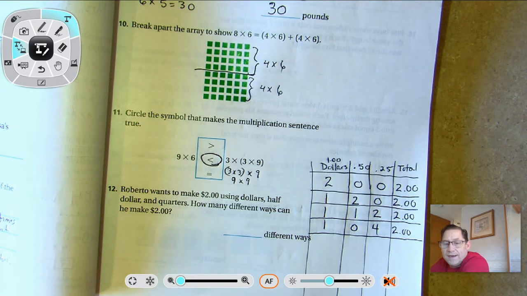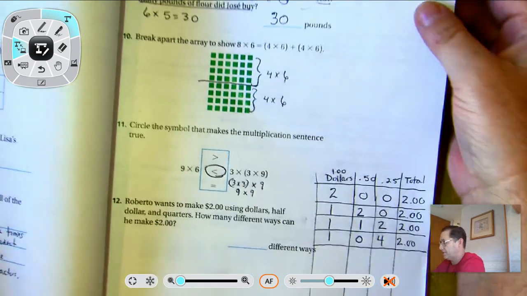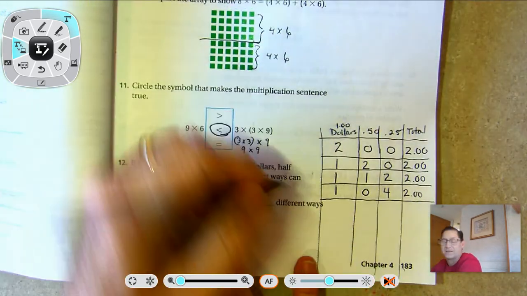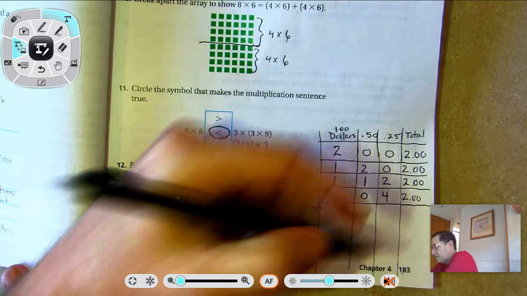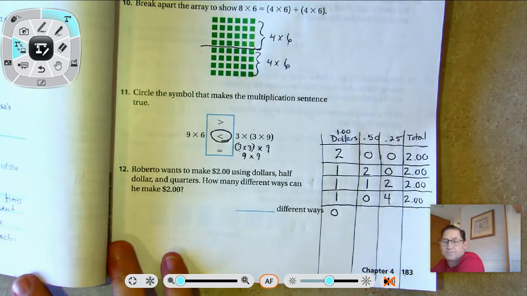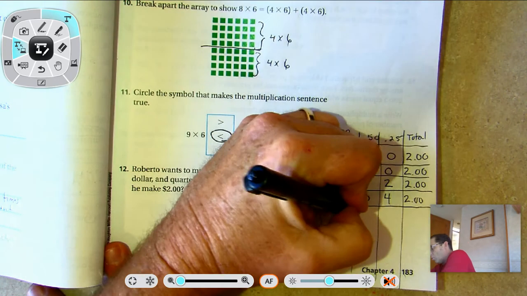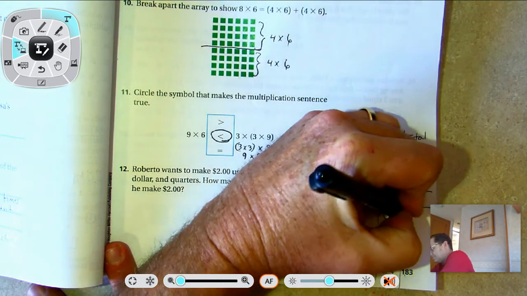So those are all the ways of using a dollar bill. Okay, so now let's move to just half dollars and quarters. So we could have no dollars, and we could have just all half dollars. That would be 4 half dollars.